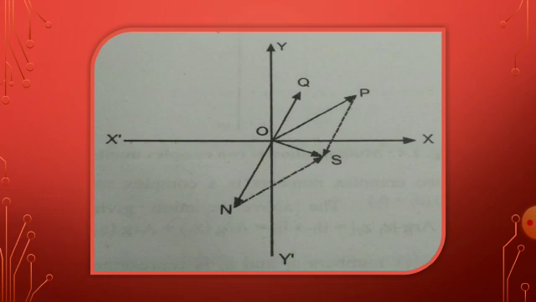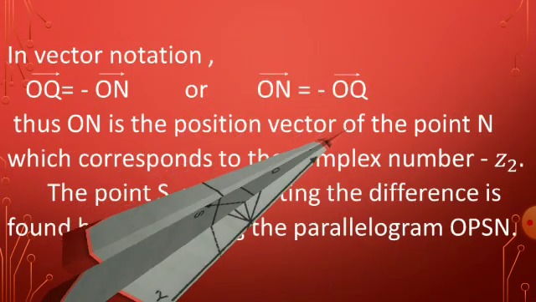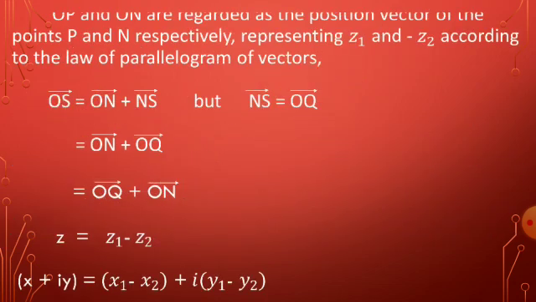So according to the law of parallelogram of vectors, vector OS is equal to vector ON plus vector NS, but NS is equal to OQ, that means OS is equal to ON plus OQ equal to OQ plus ON equal to, now OQ is equal to Z1 and ON is equal to minus Z2, therefore Z is equal to Z1 minus Z2.